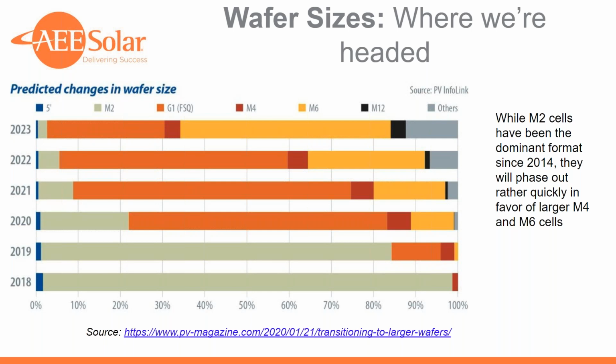Call it almost 60% of the market in that M4 wafer format, and then a small proportion of M6 and larger cells. Looking forward down the road here, we're going to see that M2 basically being obsoleted in favor of M4 and M6 wafers.